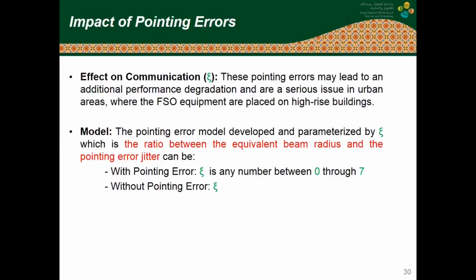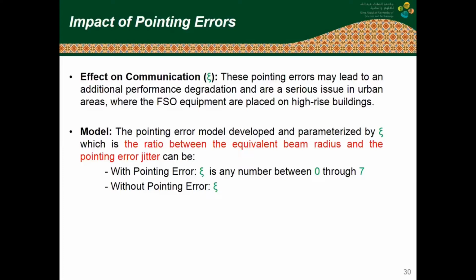So it has a certain variance. If this variance is very small compared to the beam radius, then the Xi is very high, because the ratio between the beam radius and the jitter is very big.